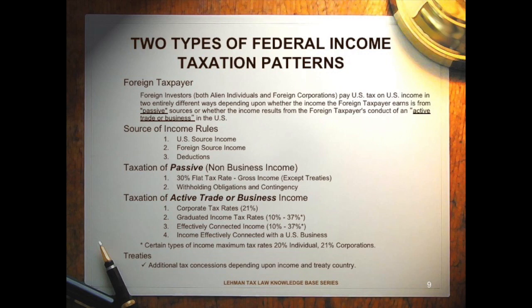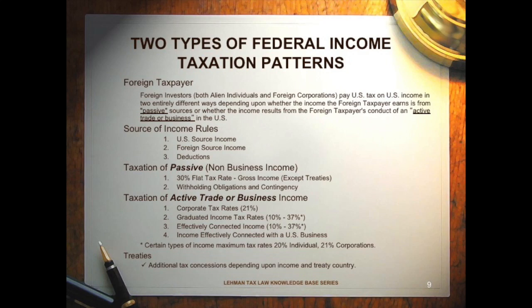And that's a real advantage that is going to be drawing a lot of people here to the United States to take advantage of these low tax rates for doing certain kinds of business in the United States. So that's the basic tax rate pattern.